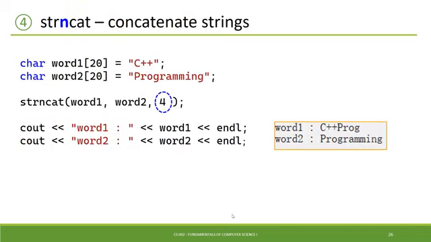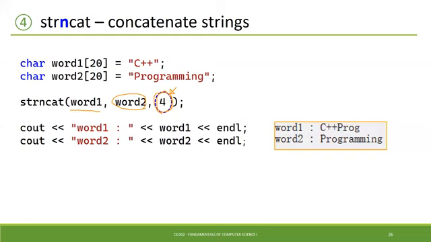And strncat is the same, partial concatenating. Okay, partial concatenation. So I want to concatenate only 4 letters. Then after word 1, only 4 letters of word 2 will be added to word 1.